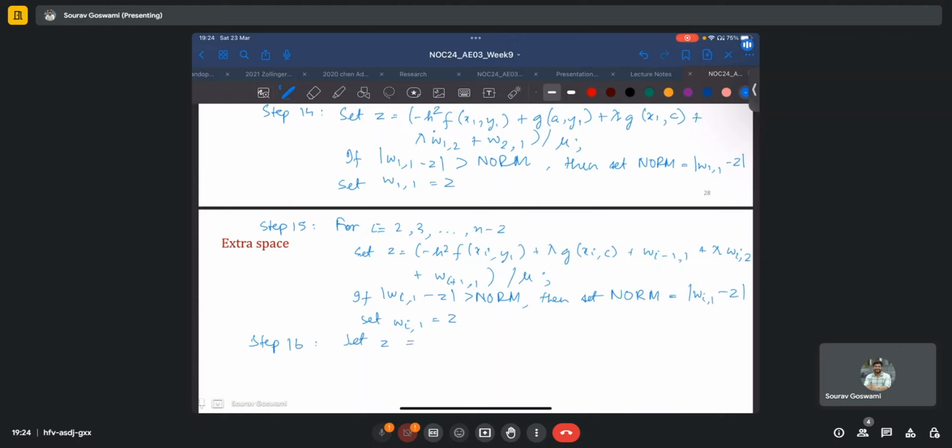Set z equals minus h squared f of x_{n-1}, y plus g of b, y plus lambda g x_{n-1}, c plus w_{n-2,1} plus lambda w_{n-1,2} by mu.